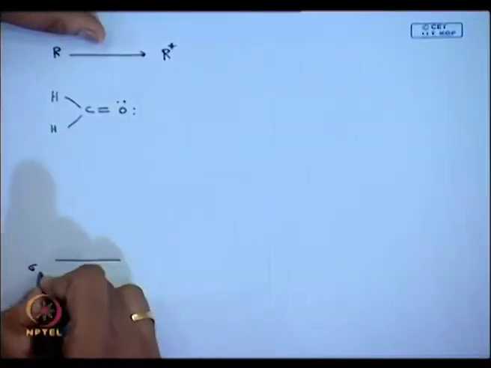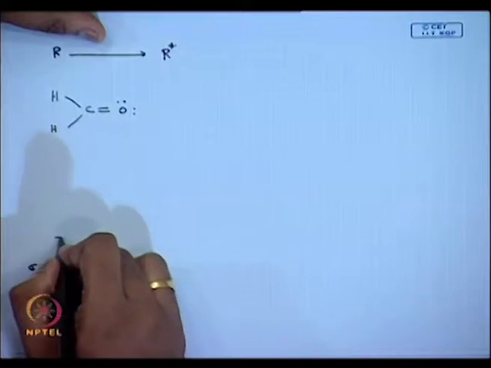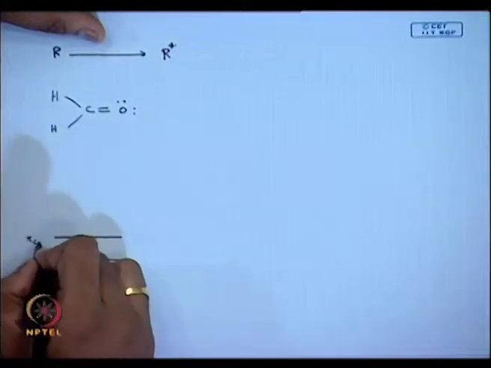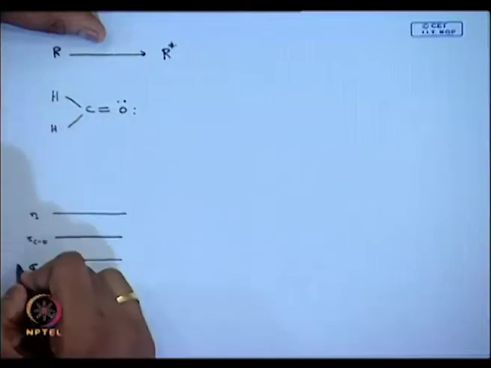So, you have a sigma. We will write the HOMO of that first, sigma CO, then you have a pi, then you have non-bonded electrons, right.